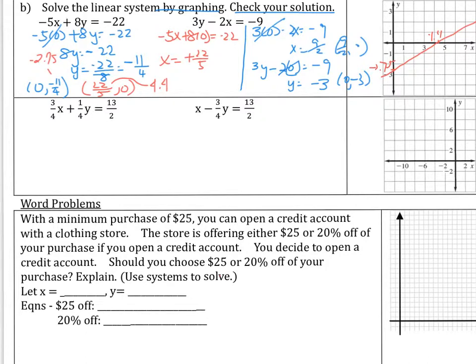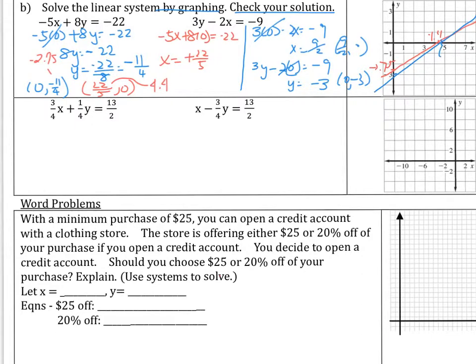So this one, 9 over 2, will be 4.5. It's about here next to 4.4, and (0, negative 3). I'm going to connect these dots and label the x and y intercepts.